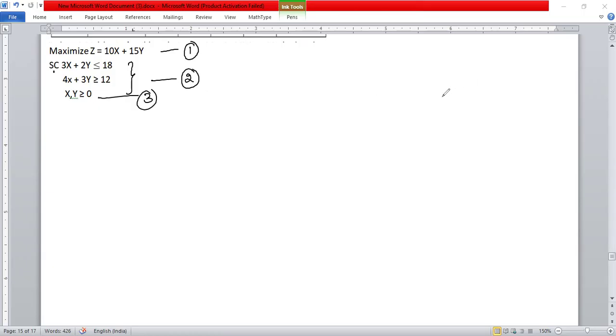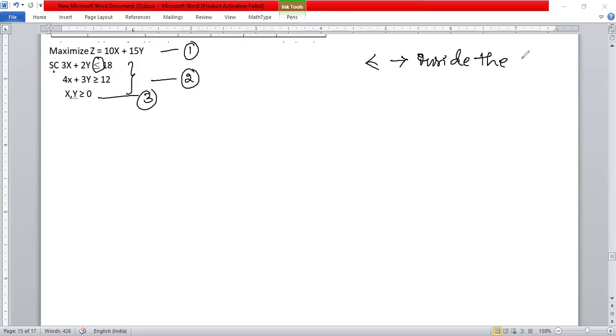Before going to start here, we should remember that when there is a less than or equal to from equation number 2, you feel it, that is inside the horizon.